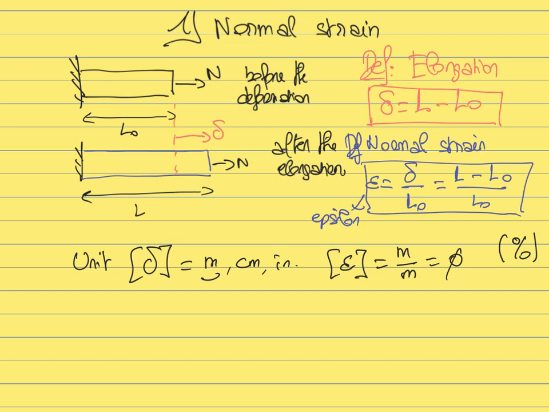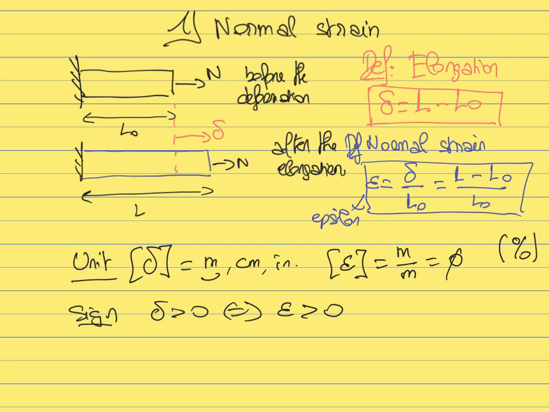So now in terms of the sign, we said that those two quantities, both the elongation and the strain, can be either positive or negative, so they can have a sign. And in that sense, we will use the following sign convention. We will say that if the elongation is positive, that is to say, if the strain is positive, that is exactly the same thing, since the strain is defined as the elongation divided by the initial length.